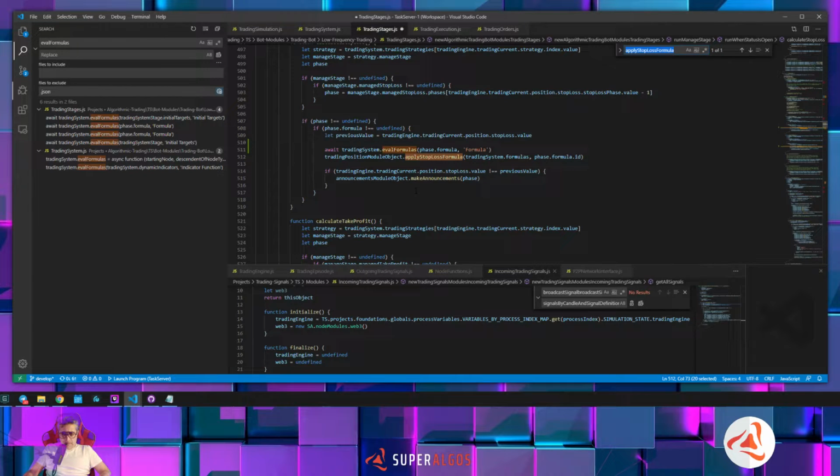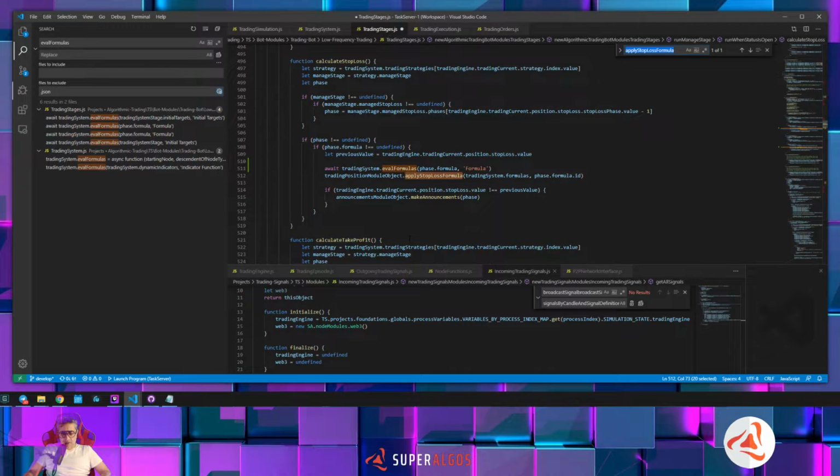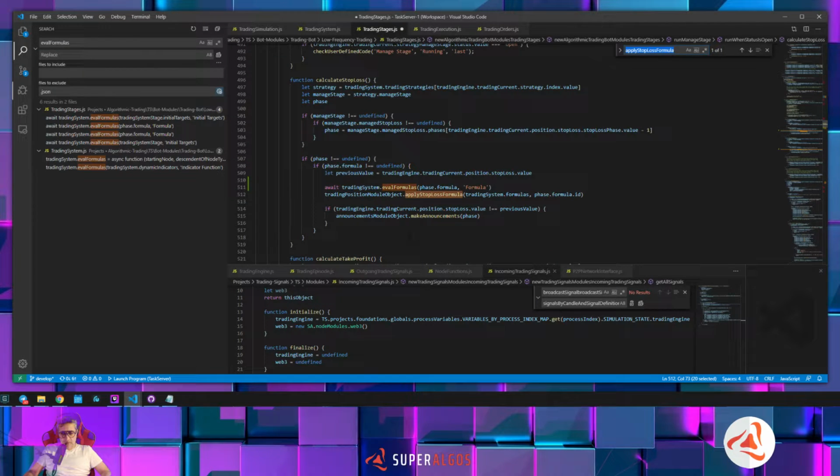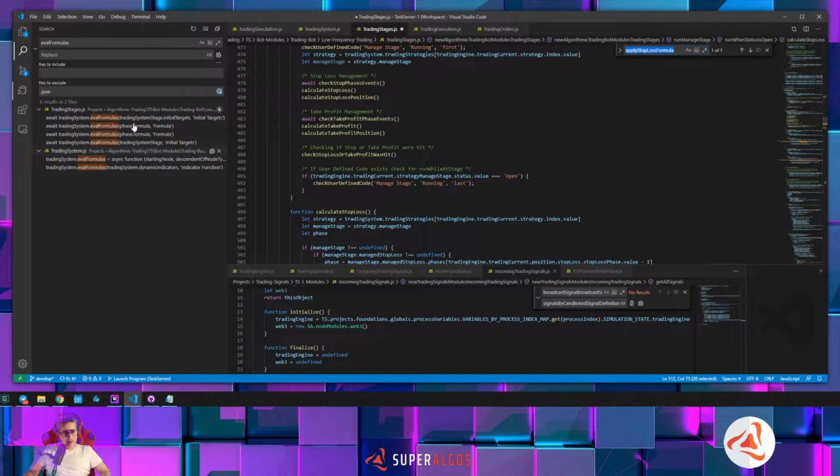Where is that take position object? Yeah, it doesn't really matter, because now we already filter and we are standing at the phase that we are actually running at this candle. So this is the right place in my view. So I'm going to put a breakpoint because we finished the list so far.